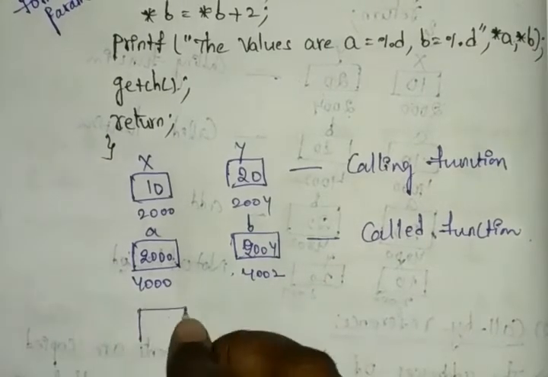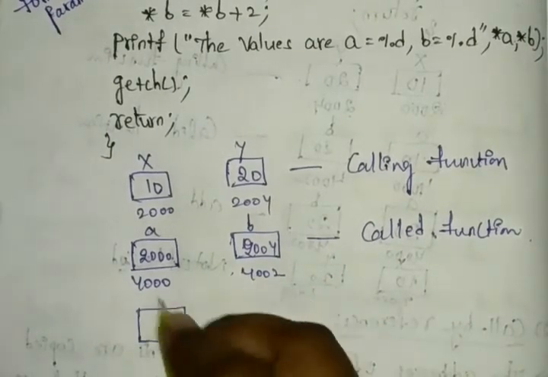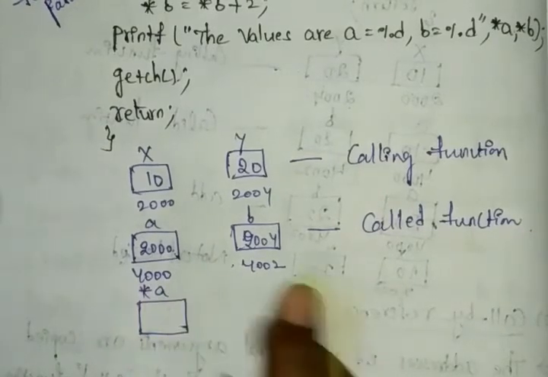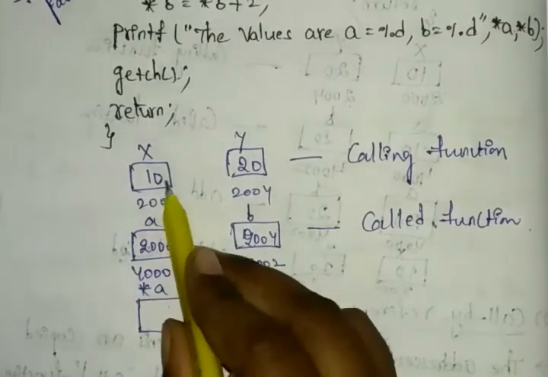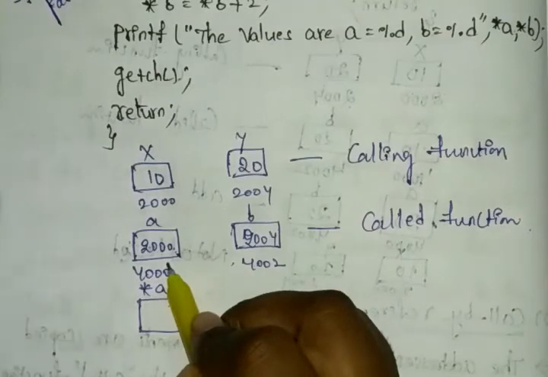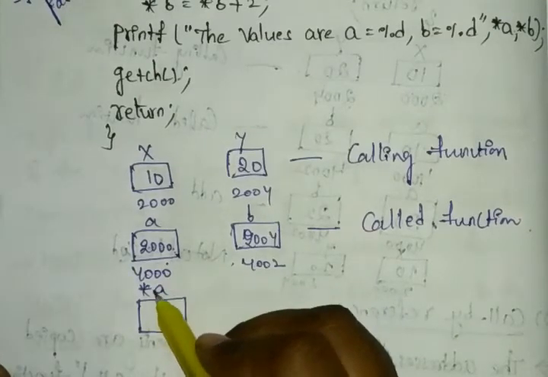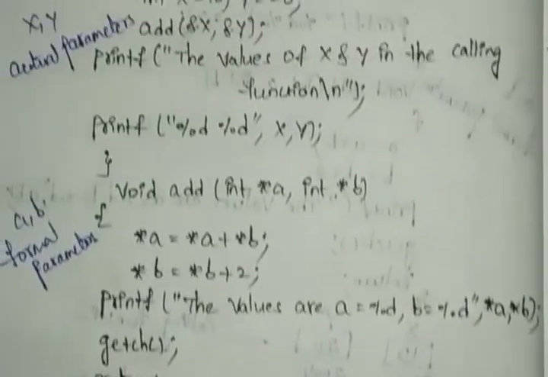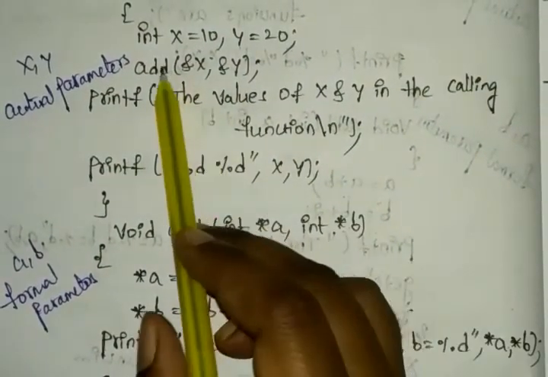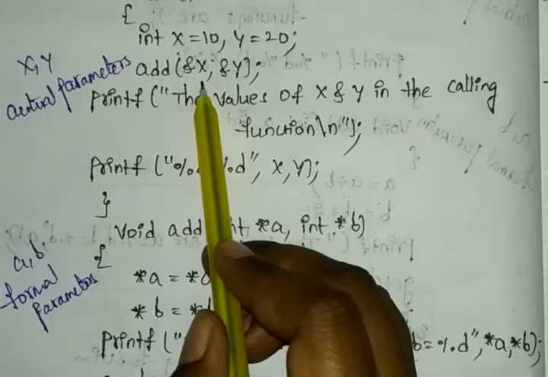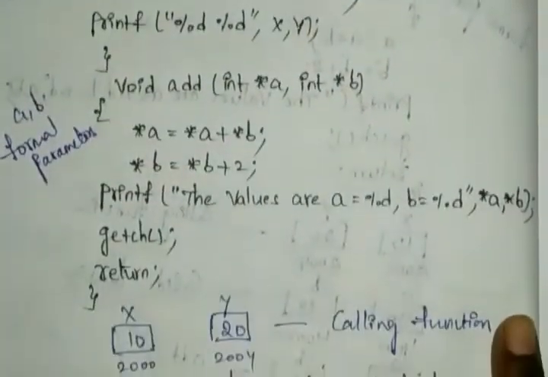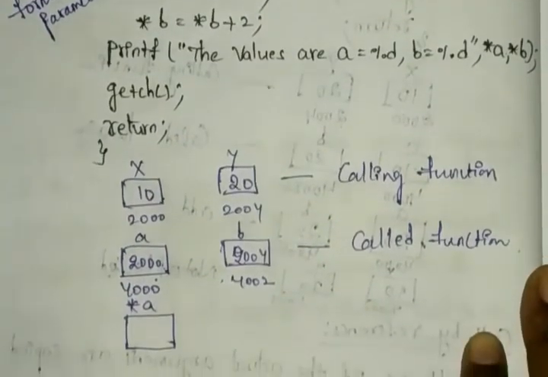Let's see what address values we have in A, meaning pointer A. Why is it taking addresses and not values? Because here we are using pointers. You can see how we can identify it: we are writing the address of X and the address of Y, and by that we identify our formal parameters.